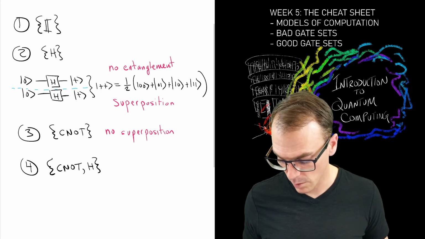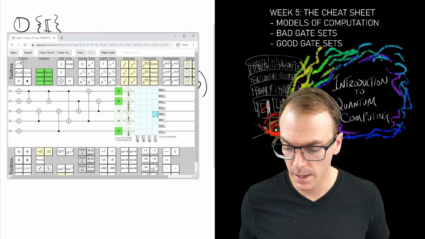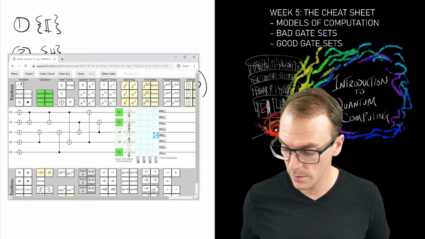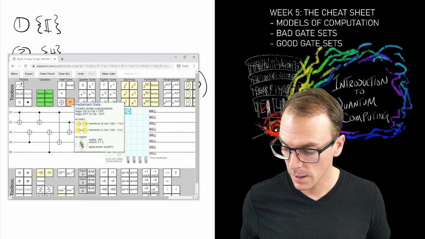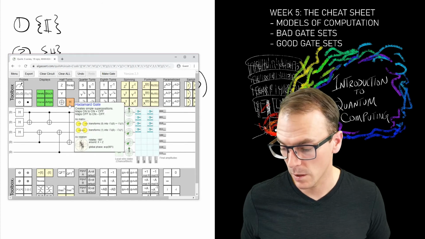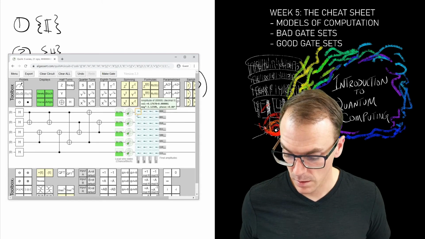Okay, so let's go back to our circuit simulator and let's put some Hadamard gates in. We can get rid of all these NOT gates. So we start in some canonical state, and let's put a Hadamard on everyone. And what's happened?